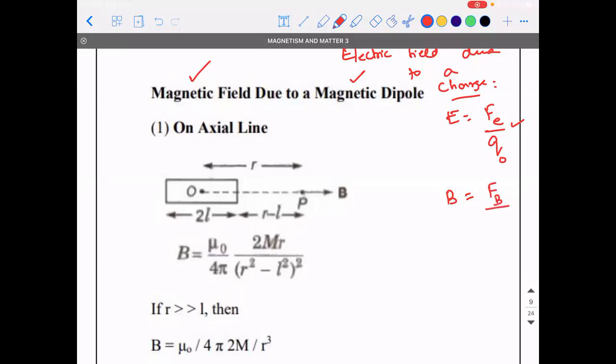It is a magnetic force divided by, create a similarity, why are you people not even trying? Magnetic force divided by, what should be replaced for charge in the case of magnetic field? Guys, what is it you're supposed to replace with? Replace for charge in the case of magnetism.